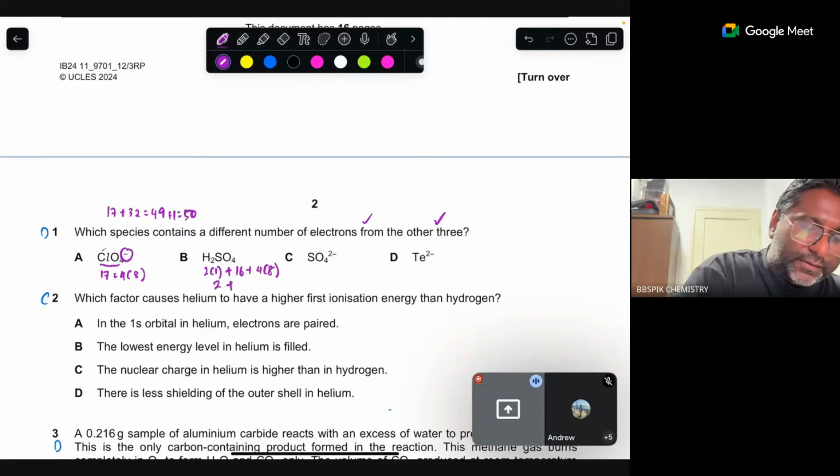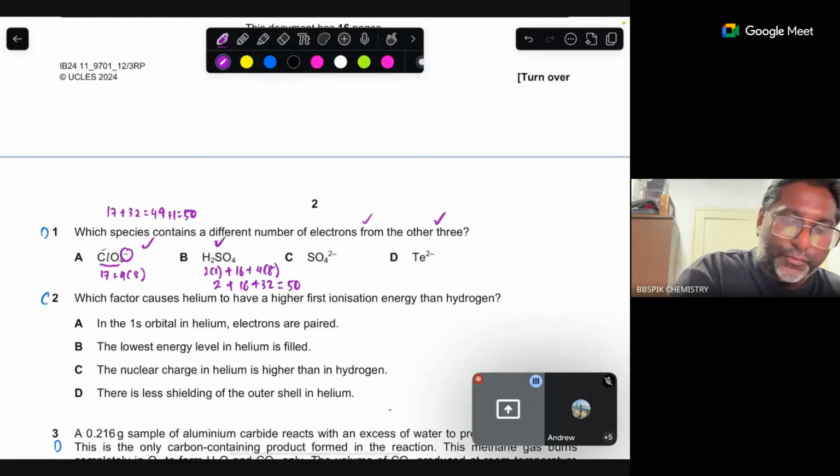For the next, 2 plus 16 plus 32 also gives you 50, the same number of electrons. For 16 plus 4 times 8, then there is 2 more, so 16 plus 32 plus 2 is also 50.